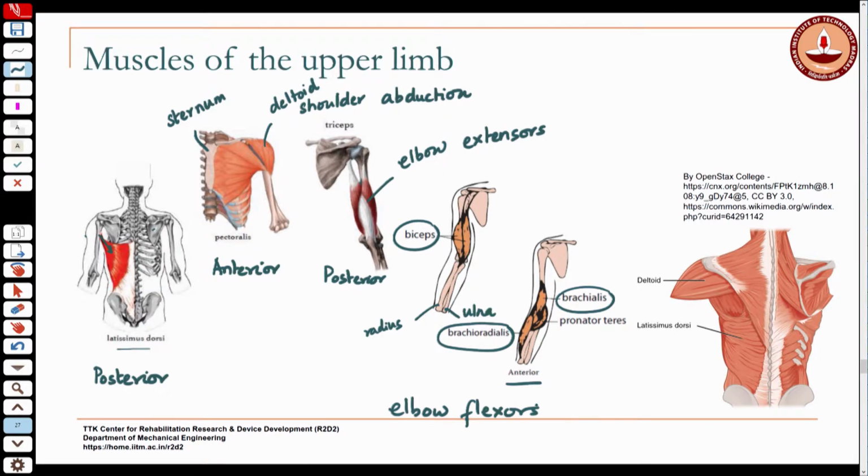If your forearm is supinated, like in your anatomical position, then your primary elbow flexor is your biceps muscle. In most other orientations, the brachialis is the primary elbow flexor, but if the forearm is supinated, then it is the biceps.